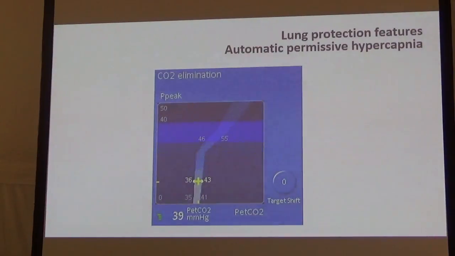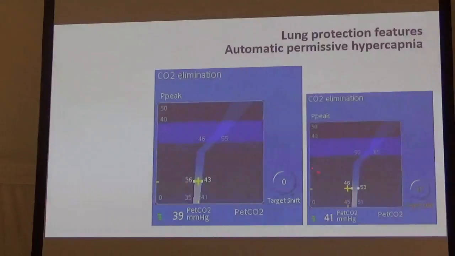But the y-axis is the peak pressure. If the peak pressure goes above 25 centimeters of water, by design, the end-tidal CO2 target will be higher. So it's a permissive hypercapnia in case we need high pressure. Of course, you can also shift it and use a permissive hypercapnia even at low peak pressure.